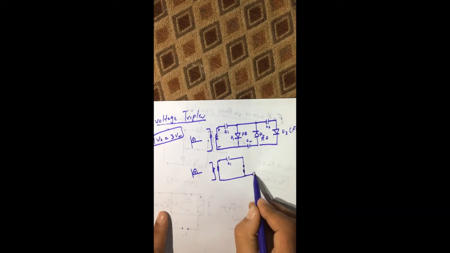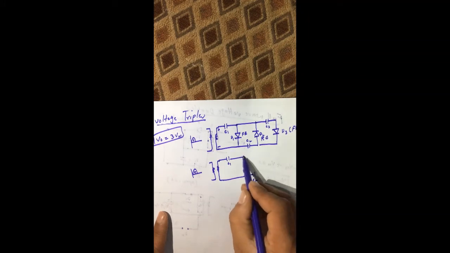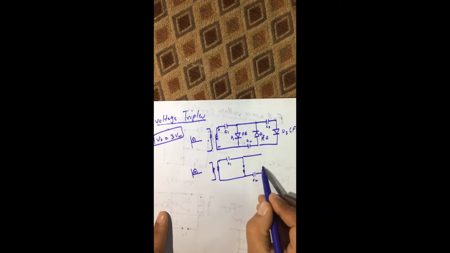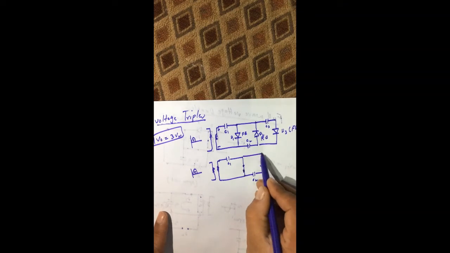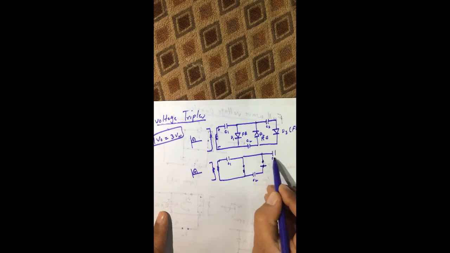And here we have capacitor C2, and here we have diode D2 which is reverse bias, so it looks like an open circuit, so there is no connection between these 2 points. And here again we have capacitor C3, and here we have diode D3 which is forward bias, so it acts like a short circuit.